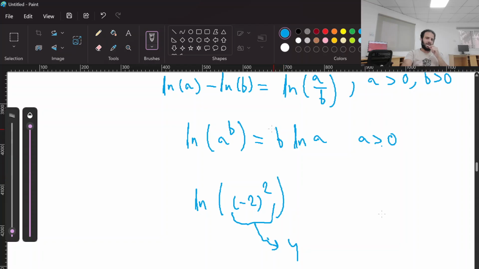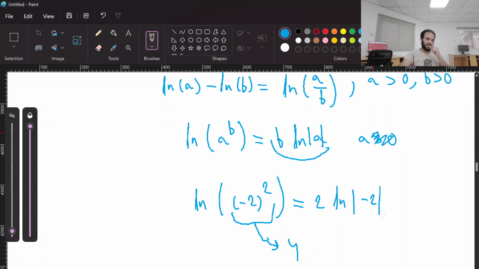So what can I do if I want to write the property more generally? I can write it as 2 ln of the absolute value of minus 2. If I put the absolute value, it is better and more general.